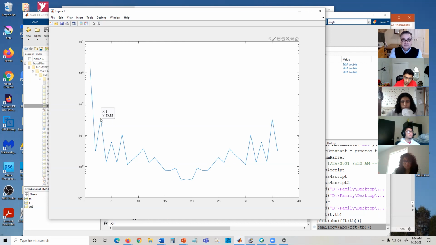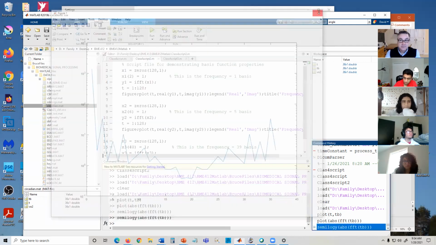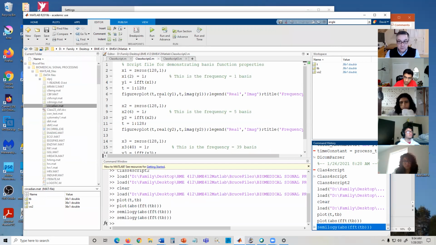All right. So that's how we're going to be able to interpret these MATLAB FFTs in real world units. And that's how, hopefully you see, you relate them to the experiment. Also, the experiment was done with these 12-hour on, 12-hour off cycles.